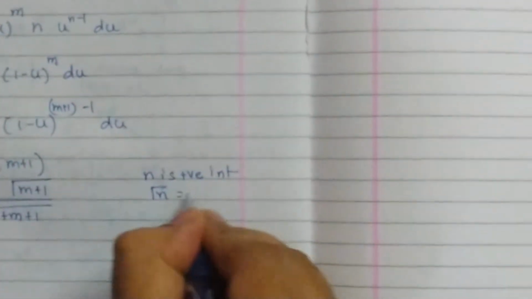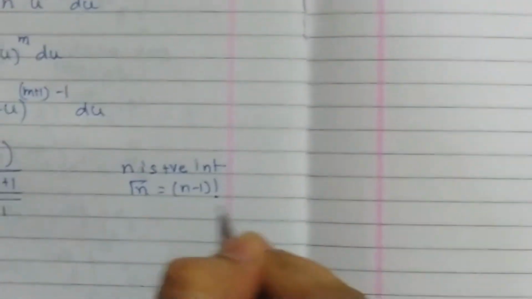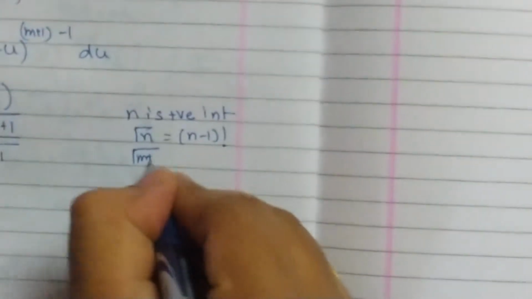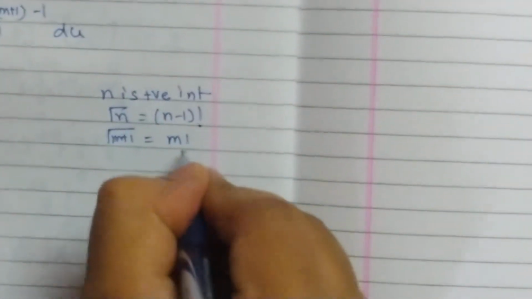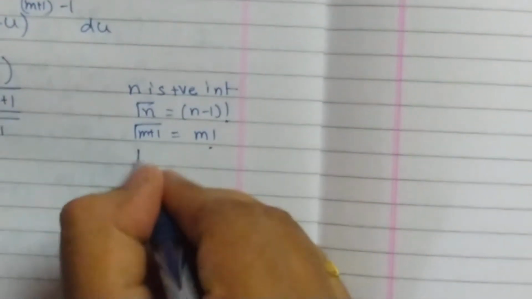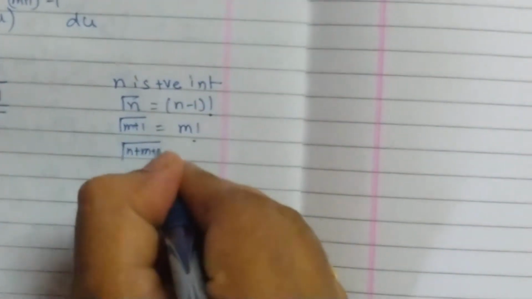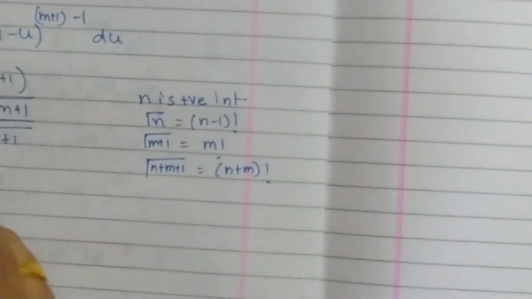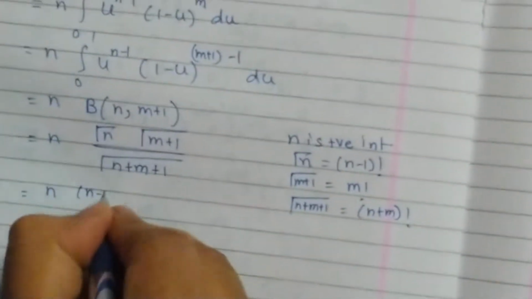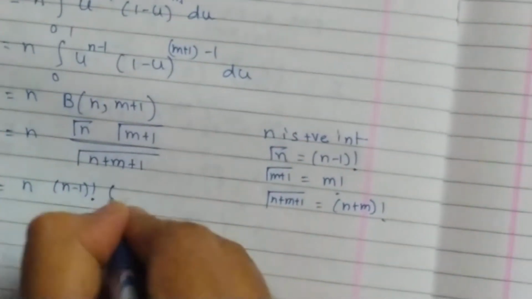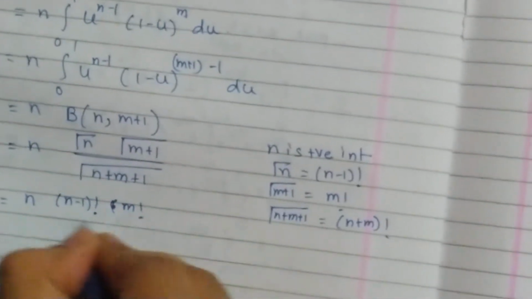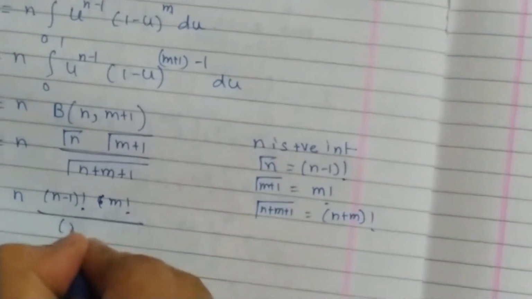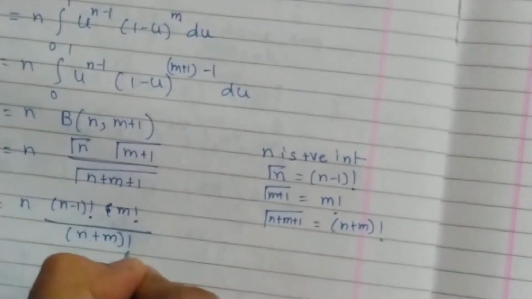Now we know that if n is a positive integer, then gamma of n is n minus 1 factorial. Gamma of m plus 1 gives m factorial. Gamma of n plus m plus 1 gives (n plus m) factorial. Hence I get n into (n minus 1) factorial into m factorial divided by (n plus m) factorial.